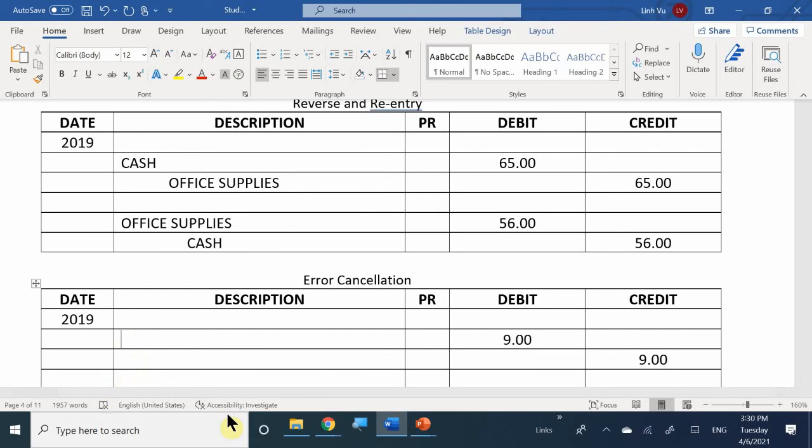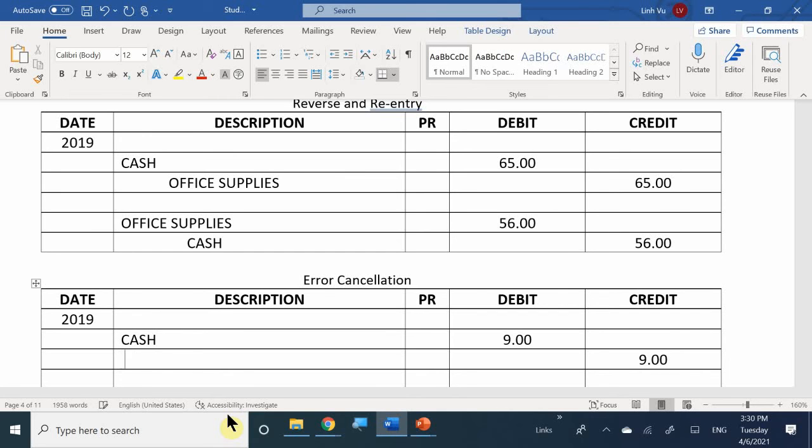Let's see. I just had it when you start typing. You're going to debit your cash for the $9. Oh my gosh, where is my C at?